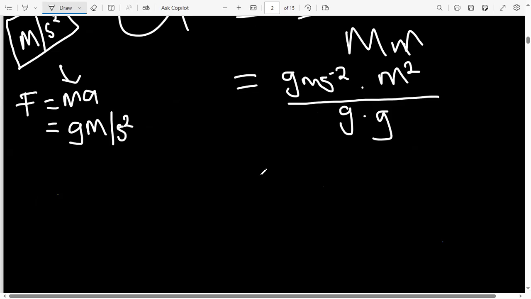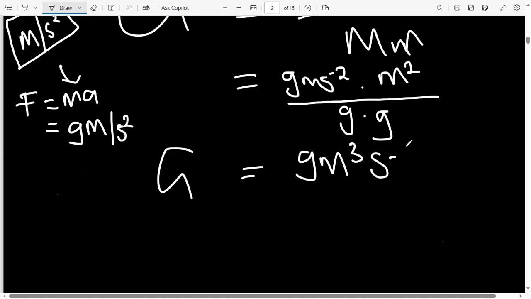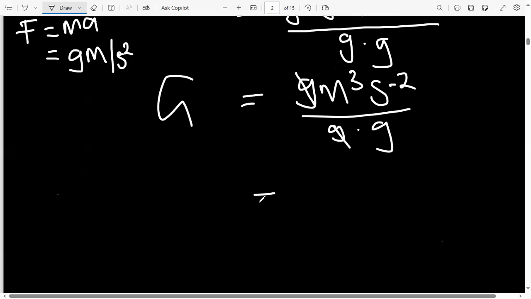So on top there we have m here and m there, so we can combine those to be g m to the power 3, s to the power minus 2, and down here just g multiplied by g. Then we can cancel one of these g's, so this is equal to m³ s⁻² divided by g.